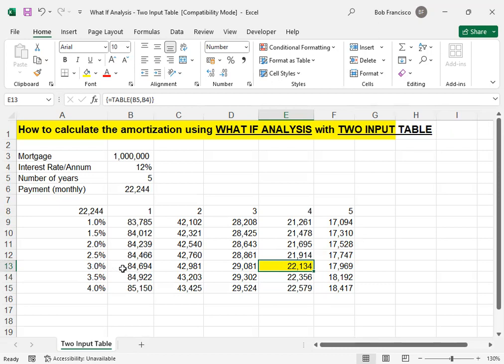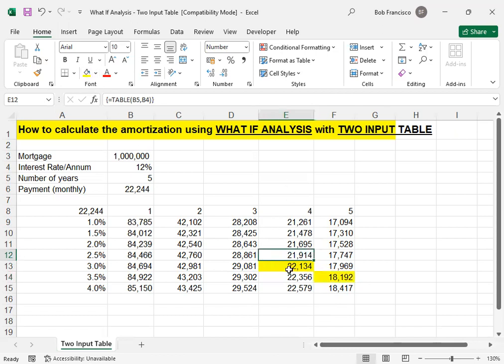Now the interest rate already changed from 3% to 3.5%. And in order for you to pay a little less amount, despite having an interest rate of 3.5%, but 5 years, you will only pay a monthly payment of 18,192.